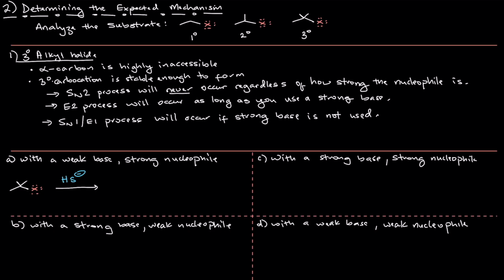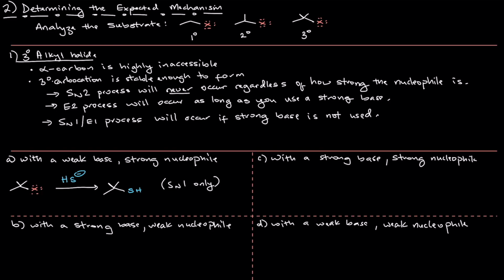However, if you allow this tertiary alkyl halide to form a carbocation through loss of a leaving group, then that sulfur can attack your carbocation in an SN1 process, which would result in your substitution product. Once again, that's pretty much all you're going to get when you're dealing with a strong nucleophile, weak base and a tertiary alkyl halide.